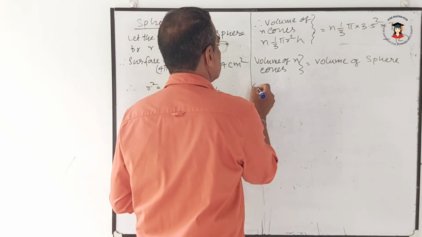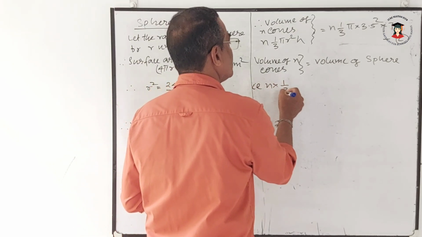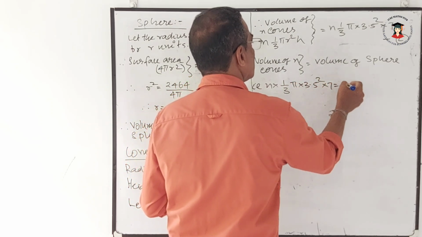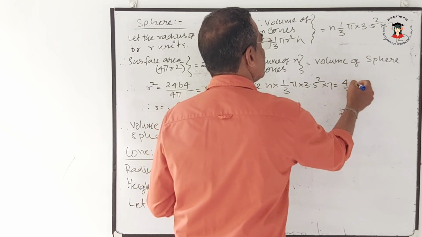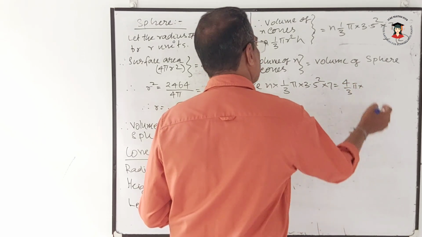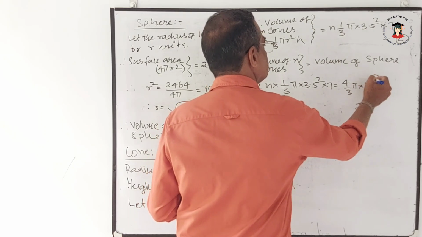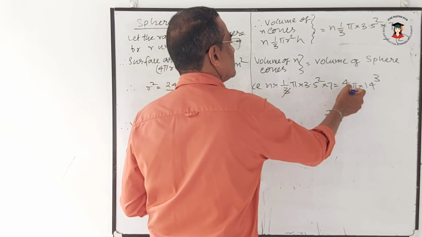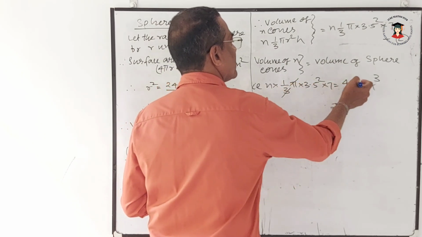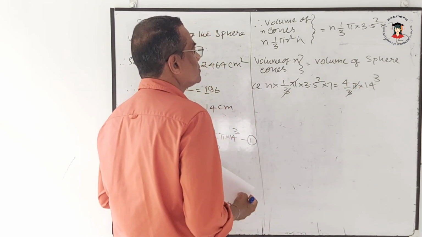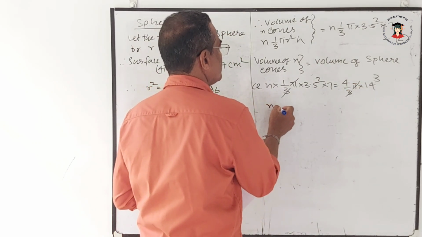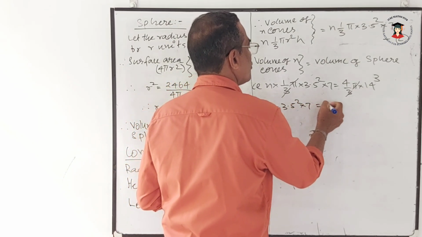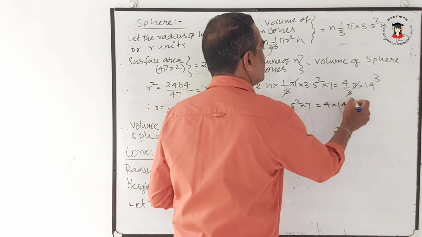That is n into 1 by 3 into pi into 3.5 square into 7 equal to 4 by 3 pi into r is 14 cube. 1 by 3 can go, pi and pi can be cancelled. So remaining is n into 3.5 square into 7 equal to 4 into 14 cube.